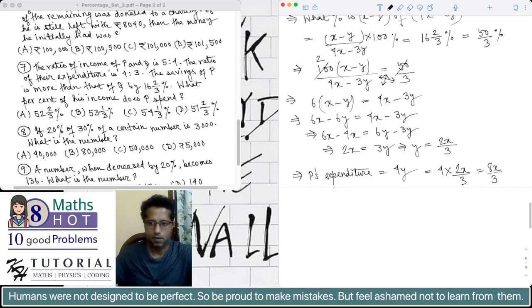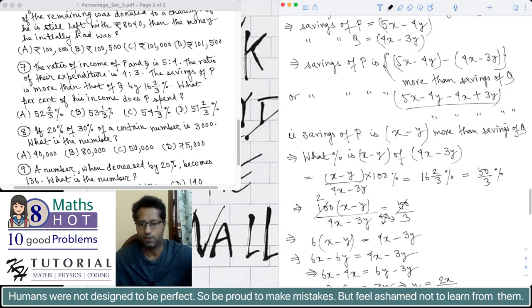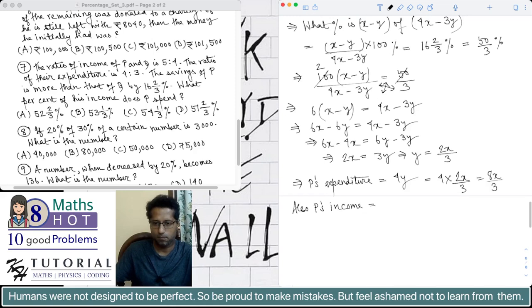And also P's income, as per our assumption based on the given ratio, we assumed to be 5x. So now we get P's expenditure is 8x by 3 and P's income is 5x.